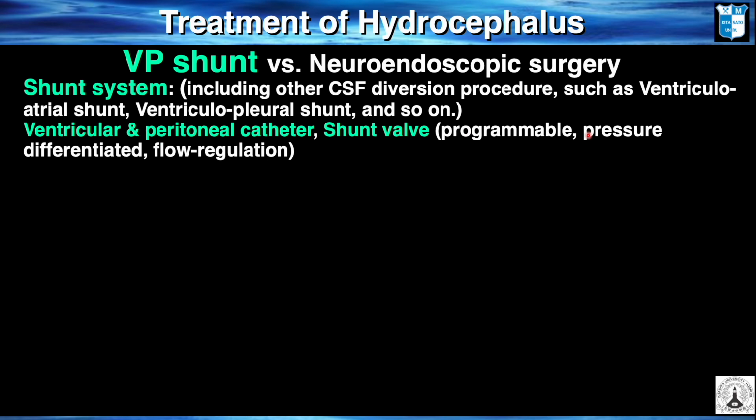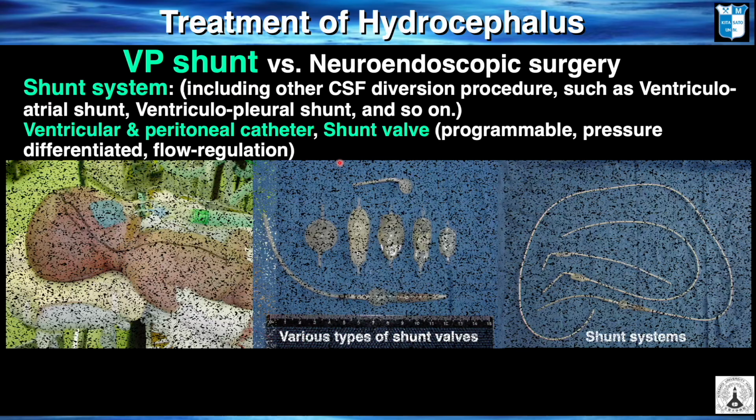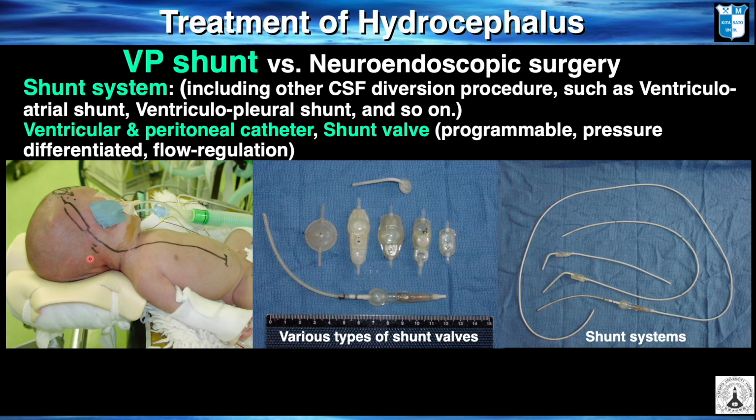There's a variety of shunt valves shown here. And this is a setting of the shunt for VP shunt, and these are several kinds of shunt valves and ventricular catheter. And this is a programmable valve. This is a shunt system: ventricular catheter, shunt valve, and peritoneal catheter.